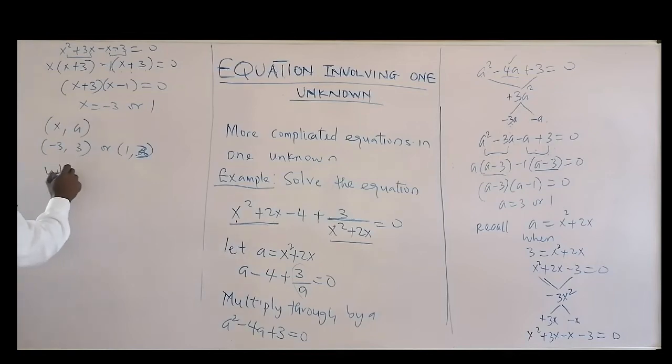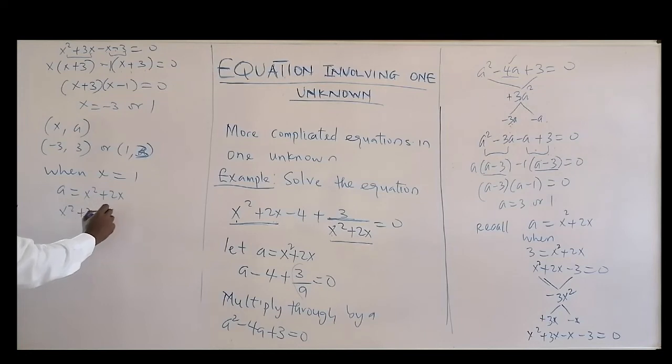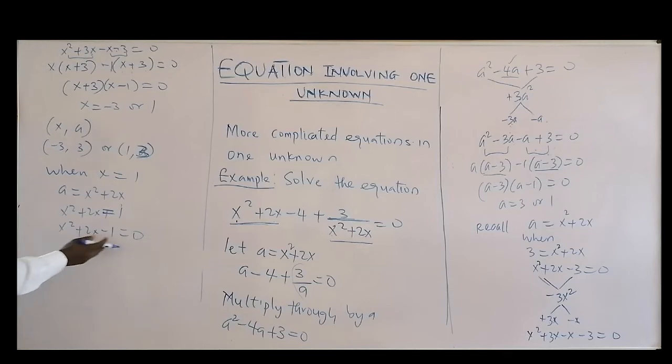Then the next one, when x is 1. When x is 1, then we have a equal to x squared plus 2x. Plug in that x squared plus 2x equal to 1. So that will be x squared plus 2x. Move this one to this side, minus 1 equal to 0. Okay, then we can factorize this.